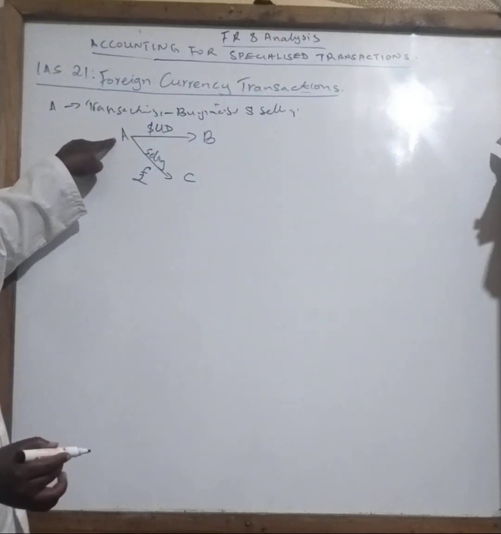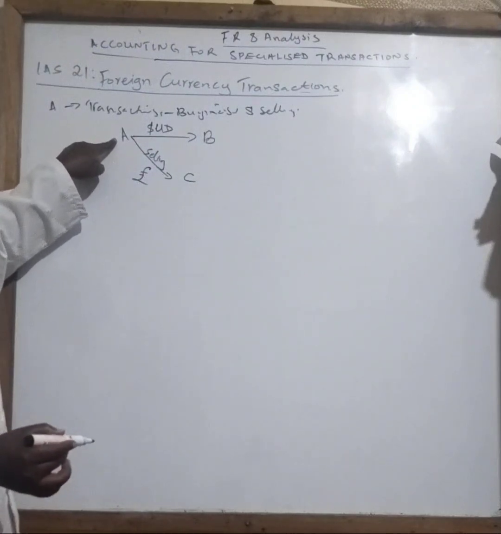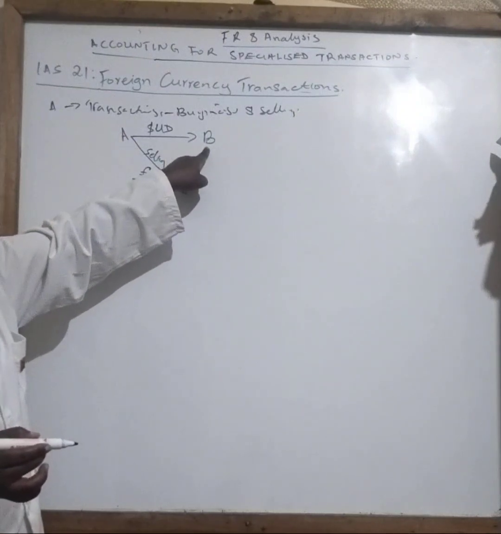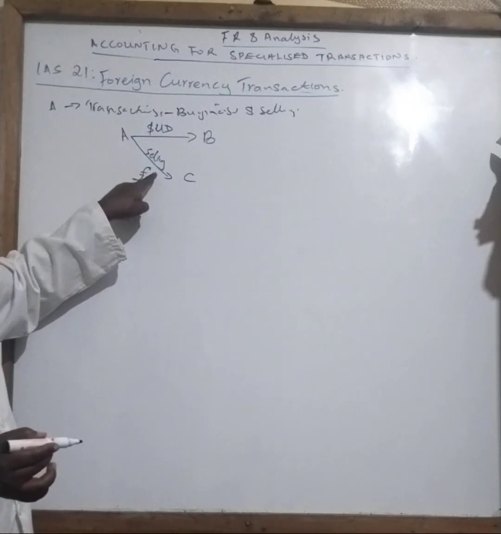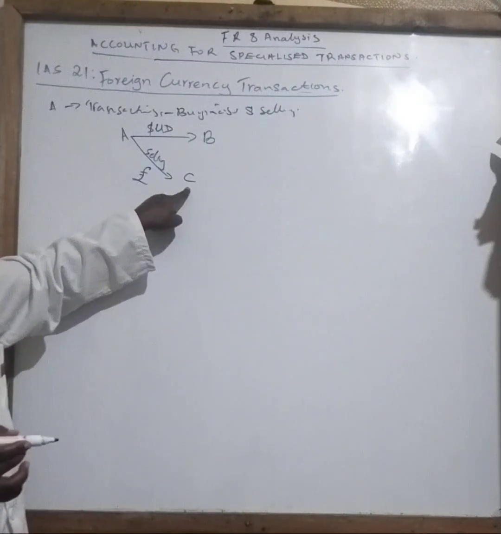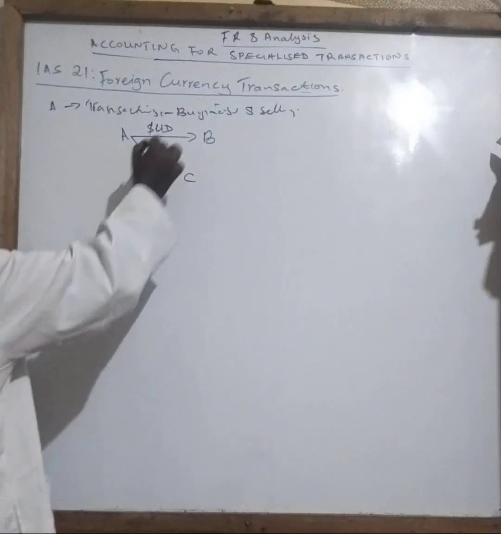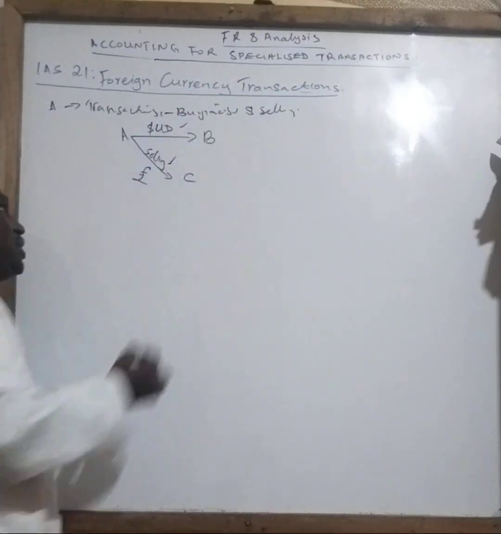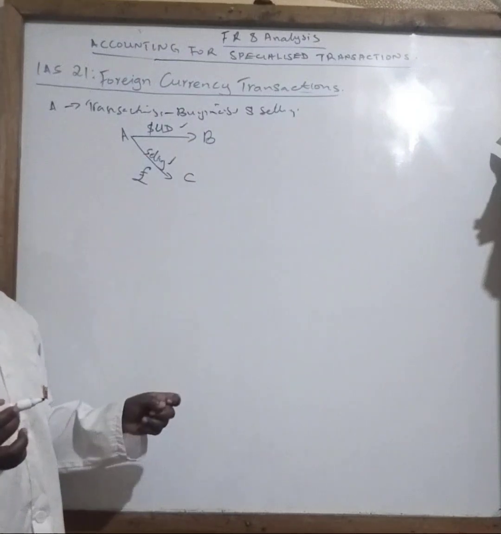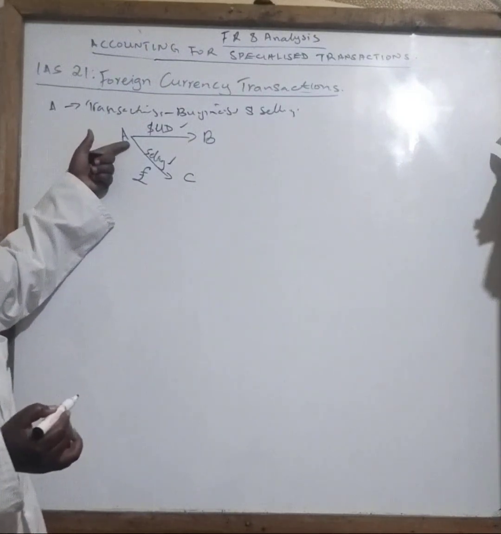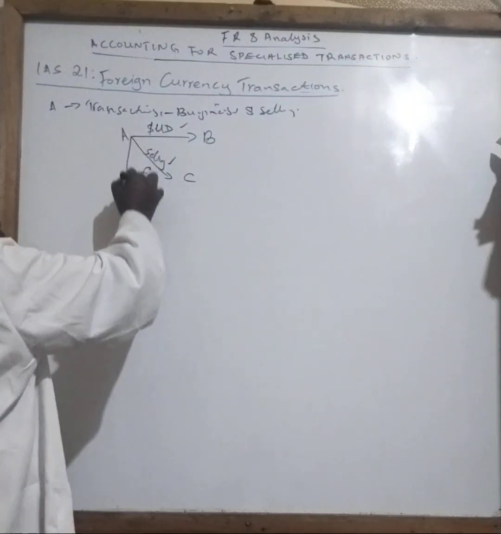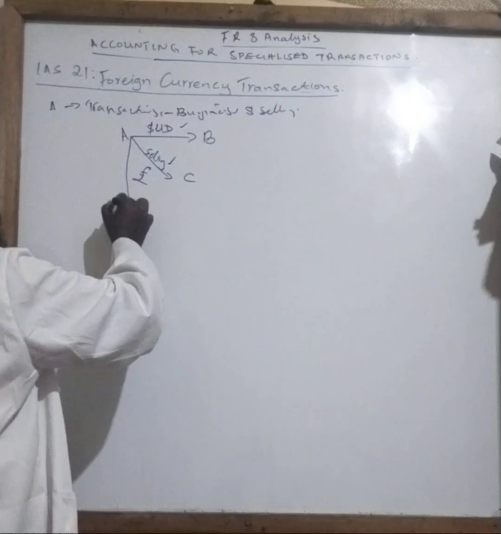Then the same company A is selling the same goods at pounds to company C. In this case, this is the purchase and these are the sales. So this is what we call foreign transactions. And because the company is in Kenya, this selling and buying should be translated into what? Kenya shillings.